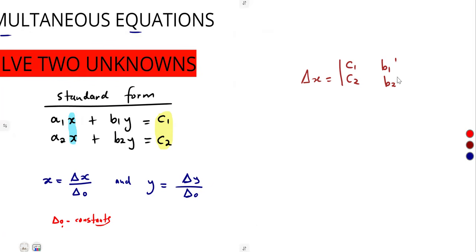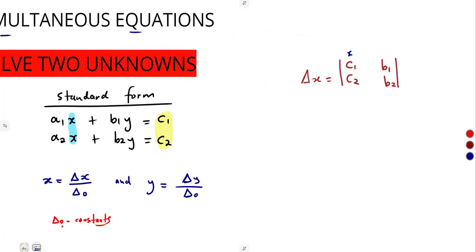So this is the determinant that you must determine with respect to x. The part of x is replaced with constants. The part of y is not affected. You just keep the coefficients of y in the manner that you have them from your equations.